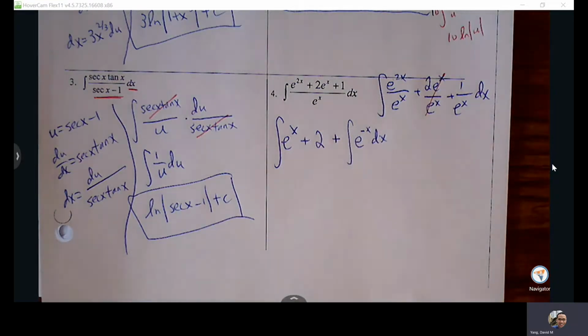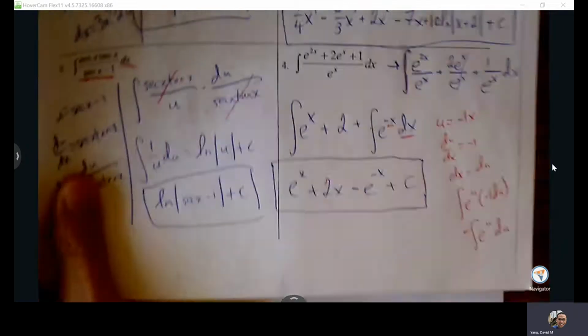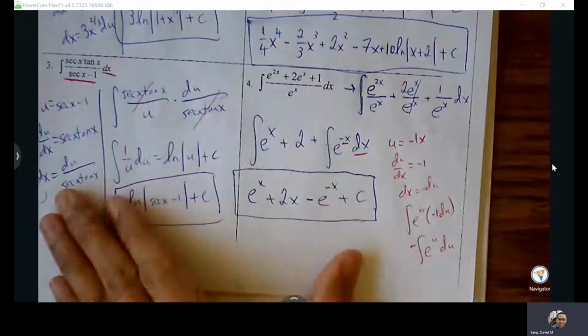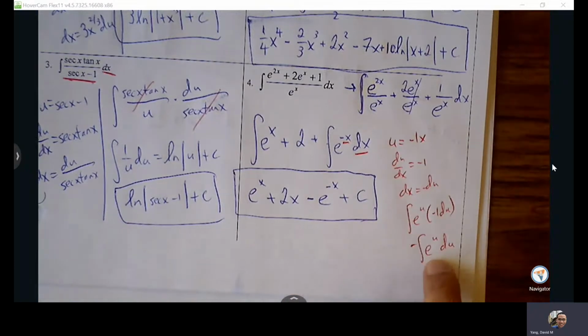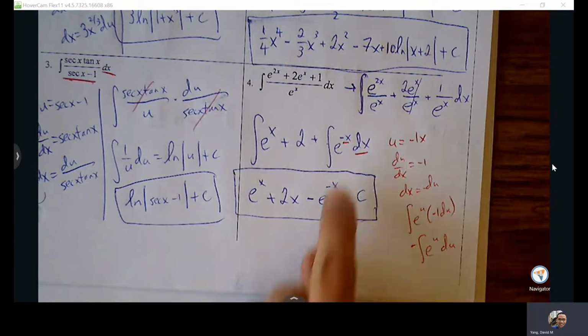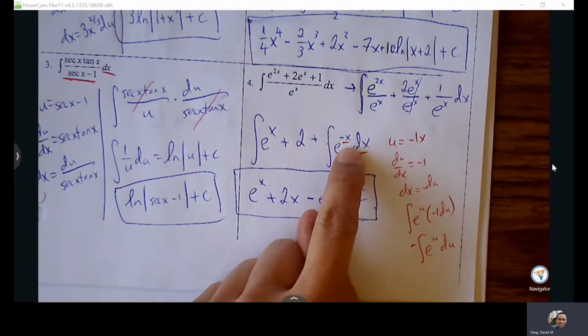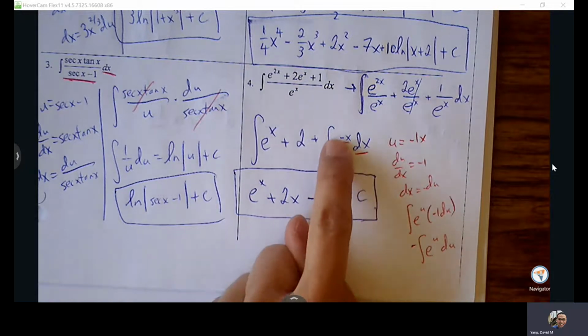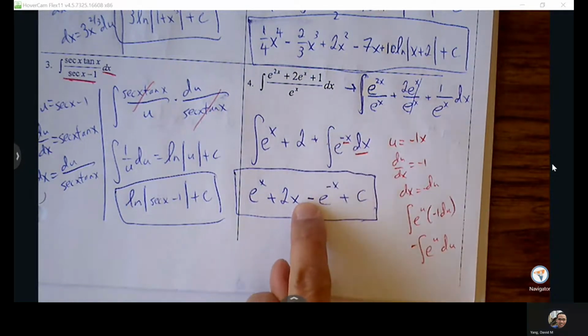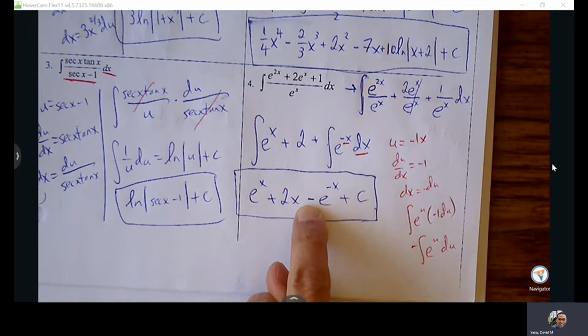You flip negative 1, it's still negative 1. You can go through the full U substitution process, but if you can recognize what that pattern is, you can just pull that out without having to go through that additional step. But if you want to write out the steps to convince yourself, you're more than welcome to. But your exponential function will remain the same, just a little bit of extra leftover that we have to keep track of.